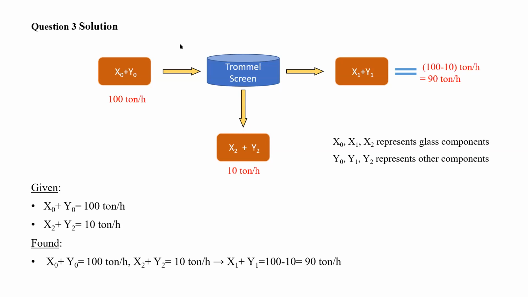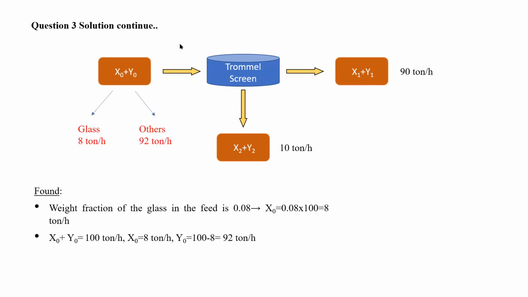Firstly, the flow of commingled municipal solid waste is given as 100 tons per hour, and the underflow mass per hour is 10 tons. And since the total mass of output has to be equal to the input value, the overflow amount is equal to 90 tons per hour.